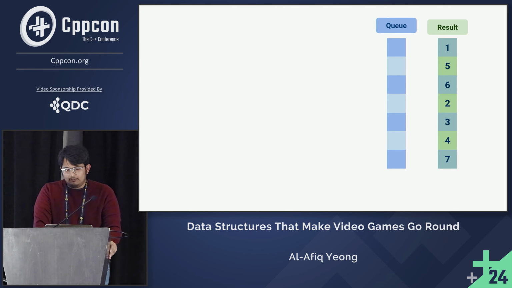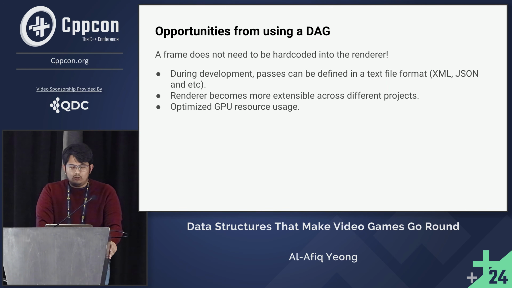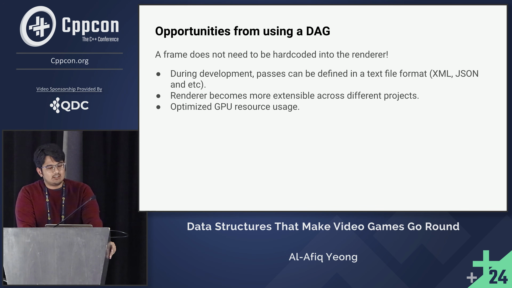So great, right? And you might be thinking, why even do this? Why go through all this complexity? Well, in the old days, the way it was done is that a frame is pretty much hard-coded into the renderer. Now, the problem with doing that is that your renderer becomes very specific to the use case of the game.